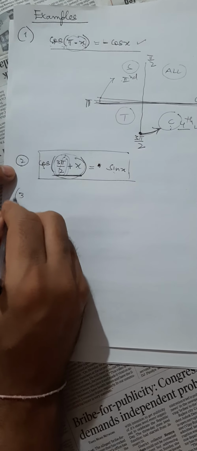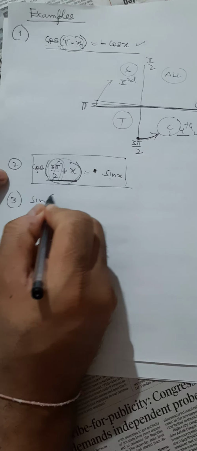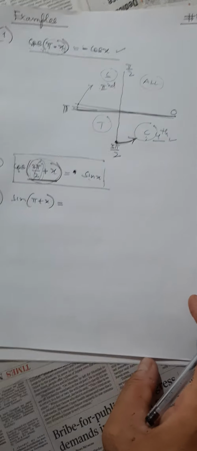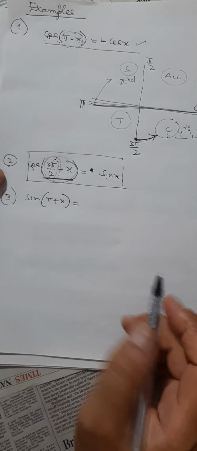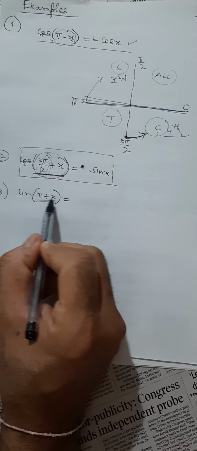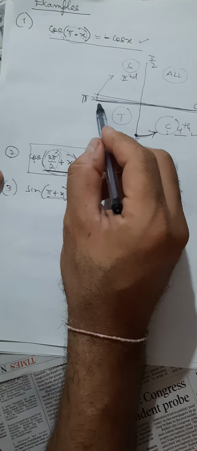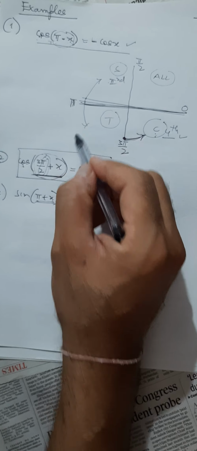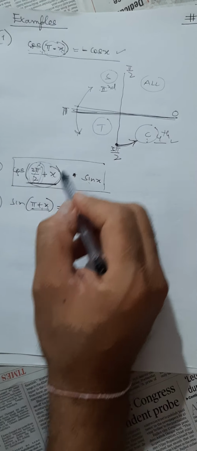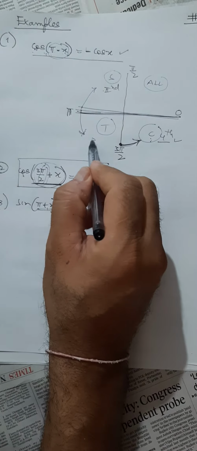Suppose next I want sin(pi plus x). Now for sin(pi plus x), first you can decide the sign. Pi is here, plus something. Plus means you are moving in the anticlockwise direction. Plus something, that means you will be in the third quadrant.